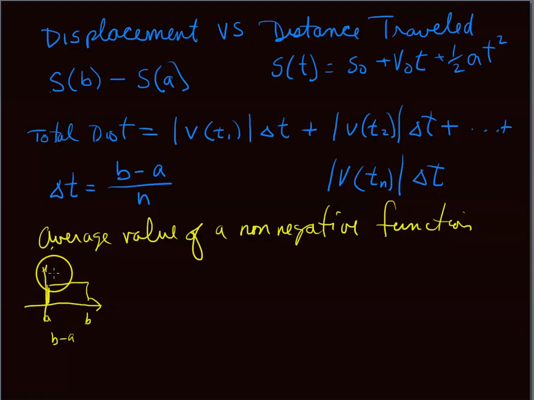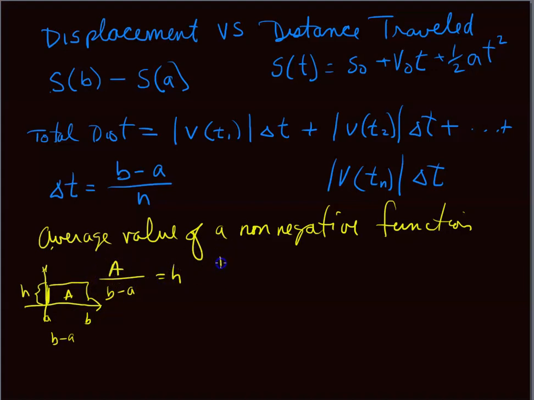You can call that c if you'd like. So since the function really is a constant value up here, you just have to take the area and divide it by b minus a, because that will give you this height, which is the average value of the function.